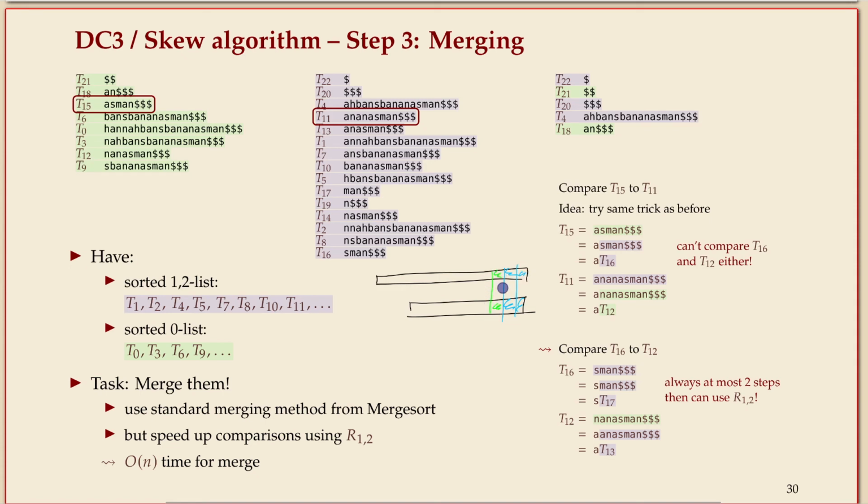The reason why I'm drawing these lines across both is to emphasize that these are the same positions. If you right align the strings, these are the same characters, and so the pattern of 2 blue, 1 green is the same across the 2 strings.